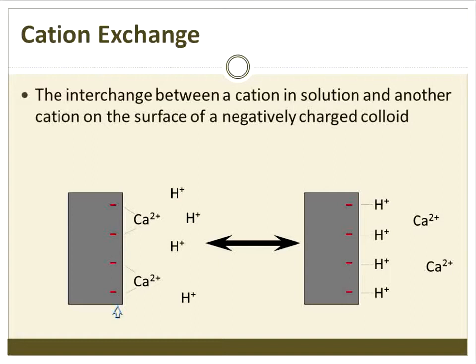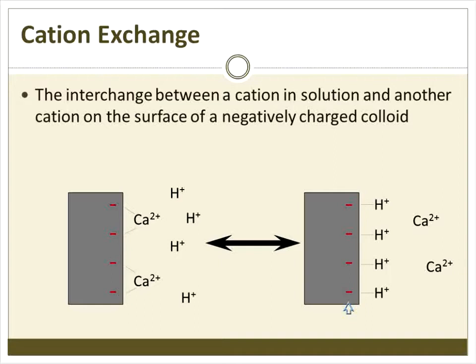In fact, they repel each other. The flip side is the negative end of one magnet and the positive end of another, and they attract. As you can see over here, where these hydrogens have bound to what we're going to call the cation exchange complex, the positive and the negative are attracted to each other.